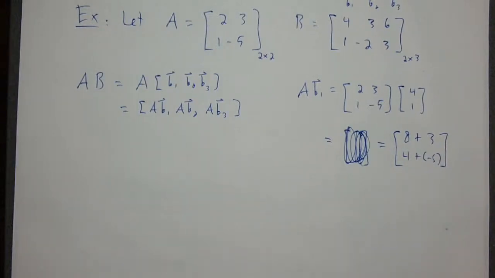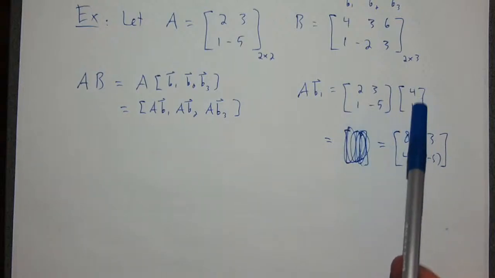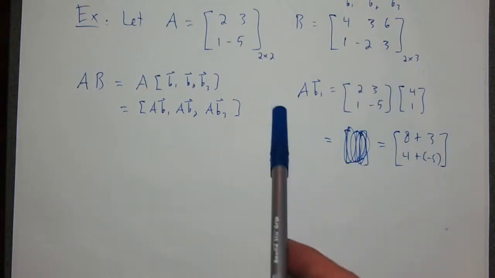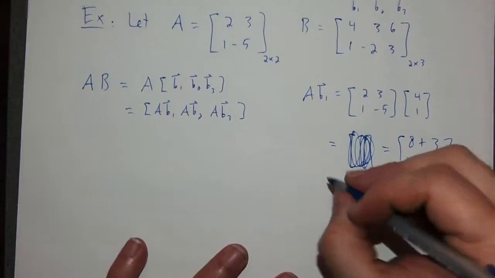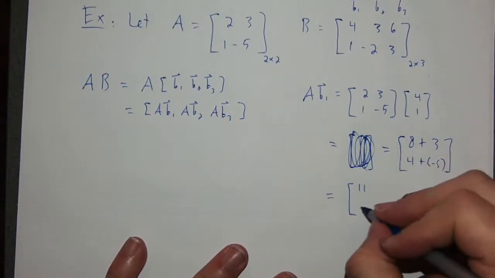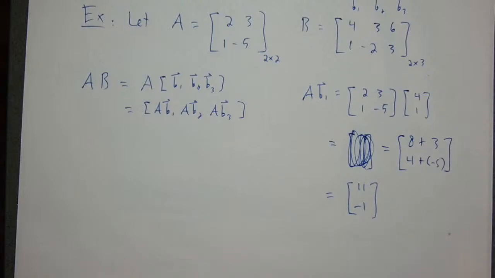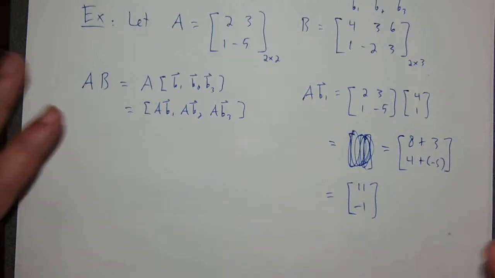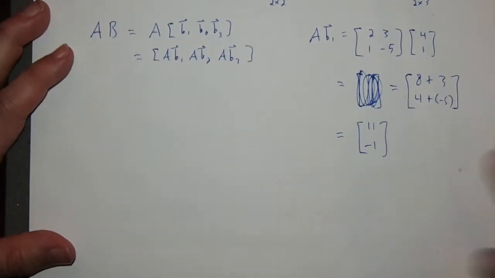Where does that come from? This is from the definition we have of matrix times vector. So this is 11, minus 1. Okay, that's AB1.